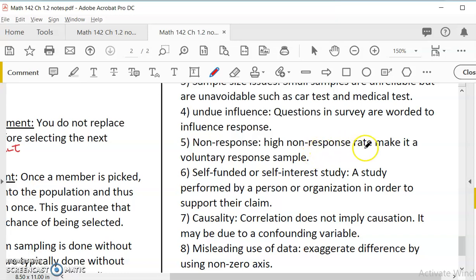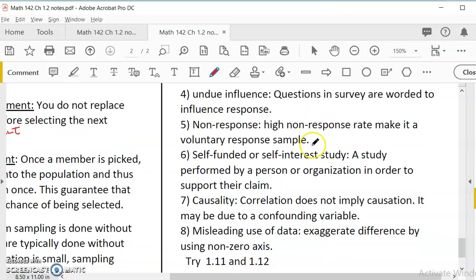Usually, if the non-response rate is lower than 5%, we don't call it a problem. Sometimes, if the non-response rate is so high, we might actually pick a sample panel so that those people are always available to give you a response.